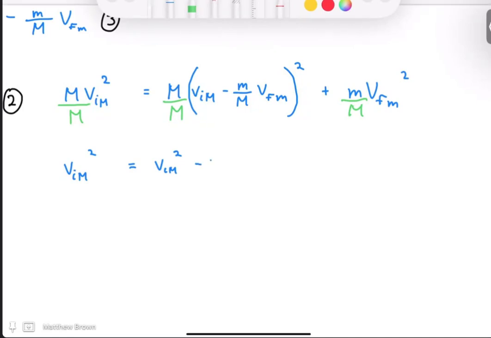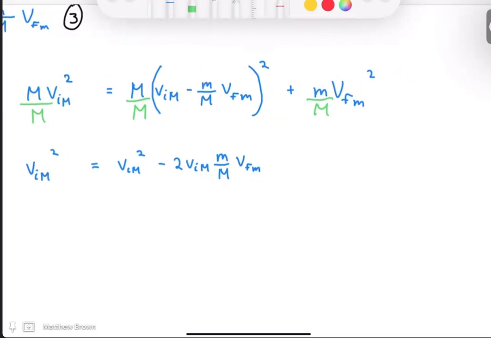So minus 2 times V initial of big M times little m over big M times V final of little m. And then the last term squared, which would become positive because you're squaring it.